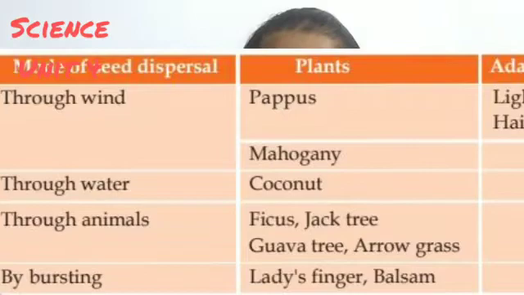Lady's finger and balsam. I told you, when the fruit ripens, they start to burst and the seeds are round in shape, so that they can easily roll along the ground and go to faraway places. So these are some of the methods of how the seeds get dispersed. Hope you are clear with this.